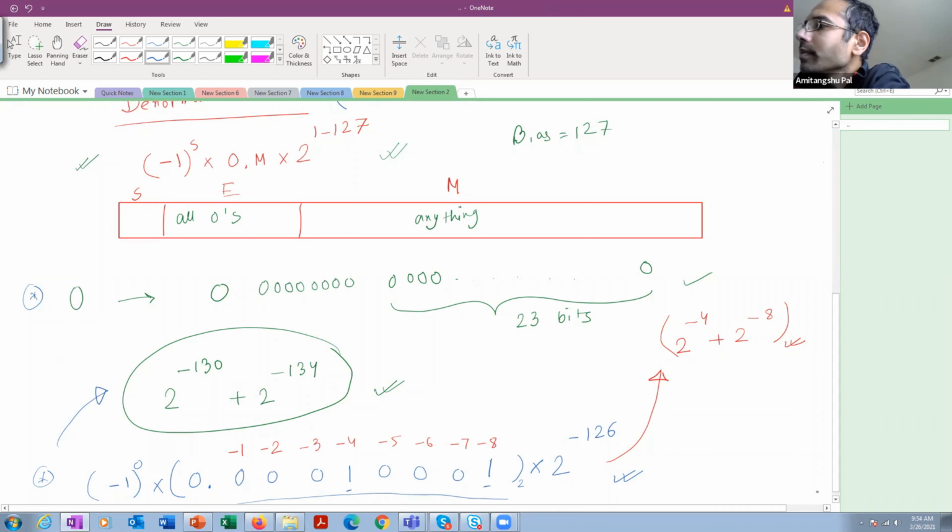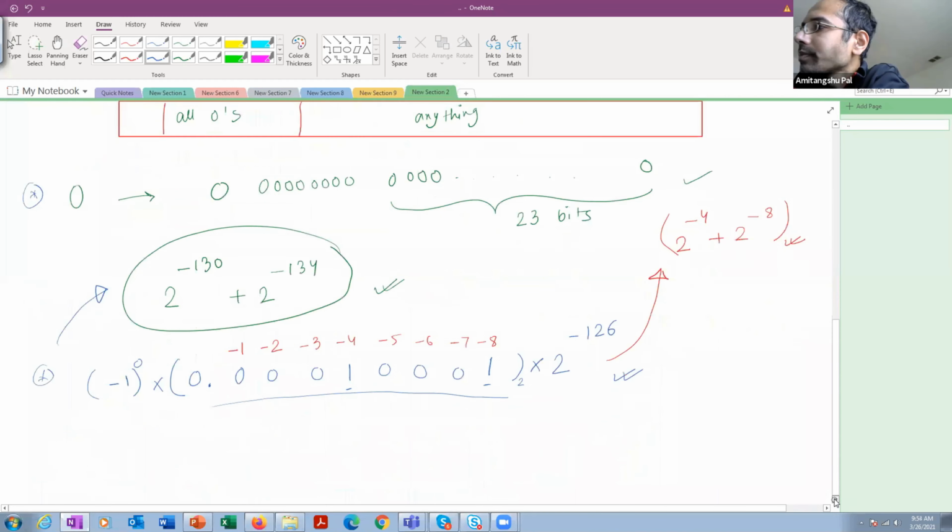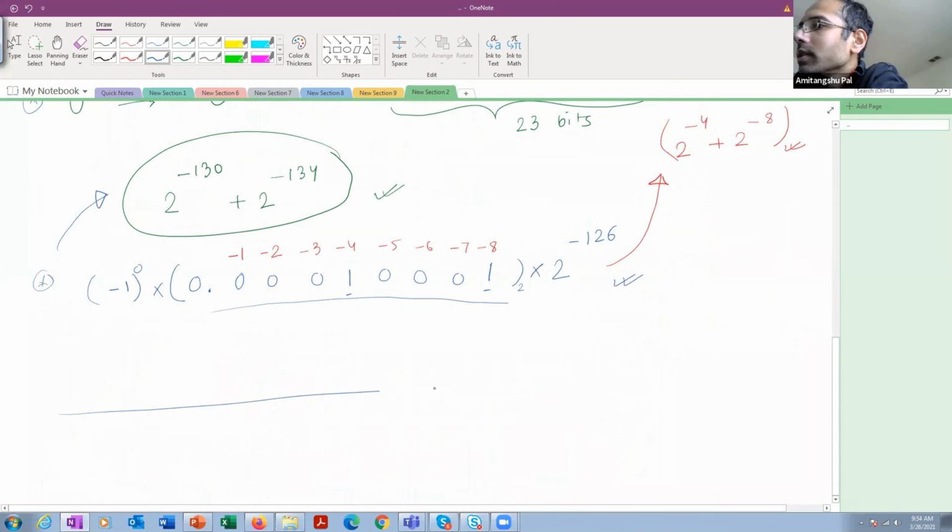Basically, if this line represents all the numbers, and this is 0, this side represents positive numbers and this side represents negative numbers. Then for numbers that are either 0 or very close to 0, we need to use the formula of denormalized values.